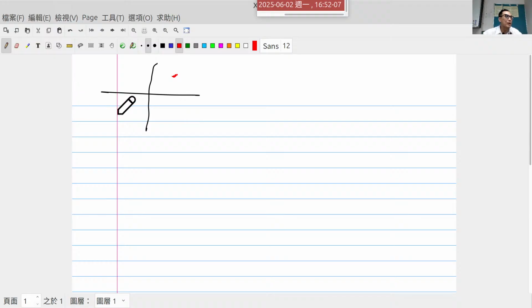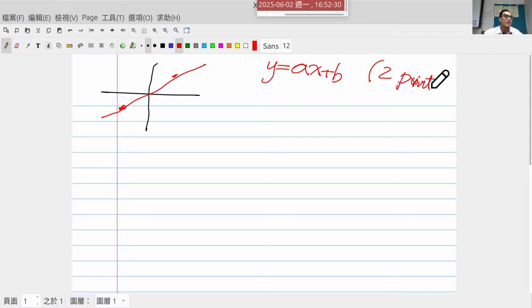If we have 2 points, then we will find a line that goes through those 2 points, then we get the equation y equals ax plus b. That is 2 points.